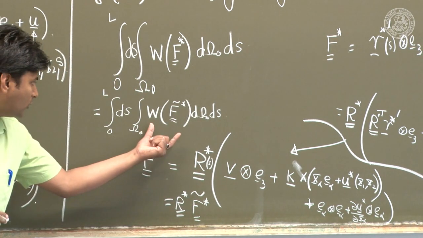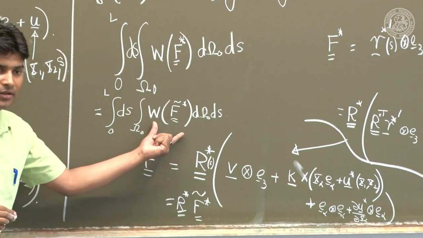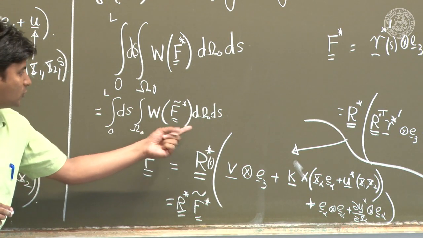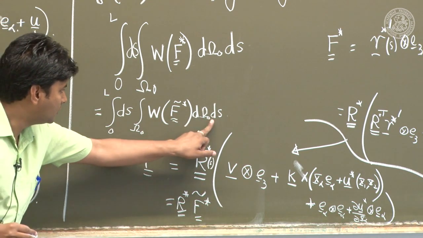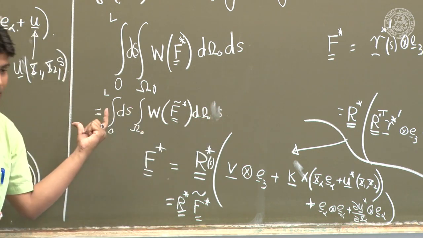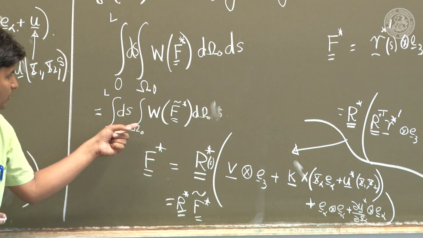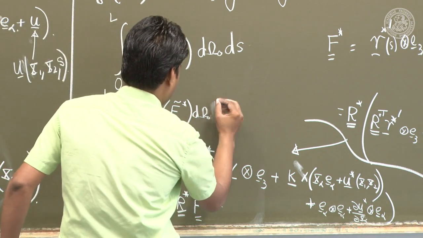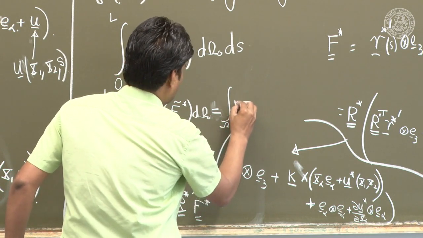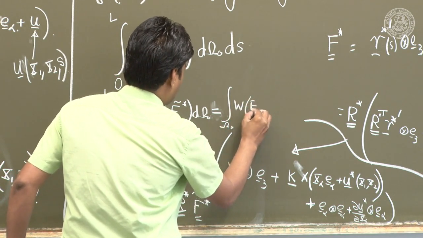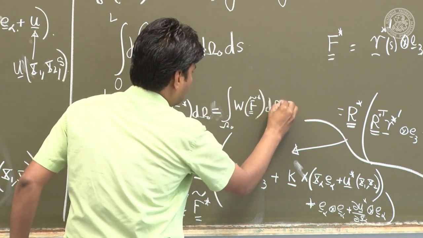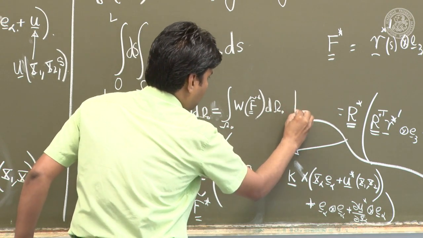So you see there is no S dependence over here now. So there is no S dependence. This thing can come out of the integral, and this simply becomes integration over the cross section of W F tilde star d omega naught times L, the total length.